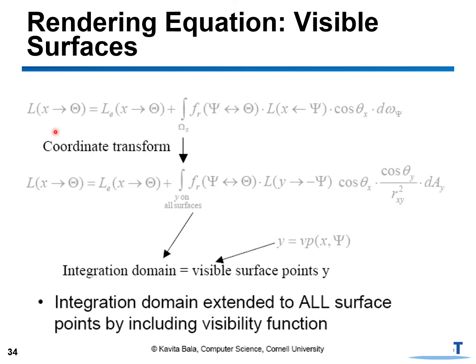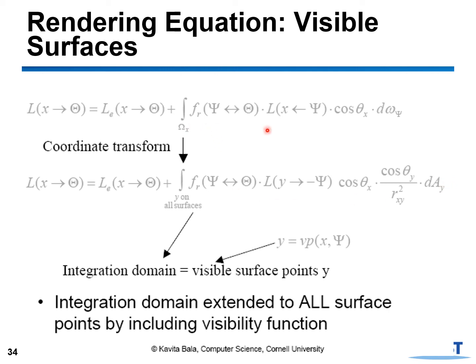Then this is the previously defined rendering equation in the hemispherical coordinate. We changed this integration of solid angle into an integration over any visible point on all surfaces over this differential area.